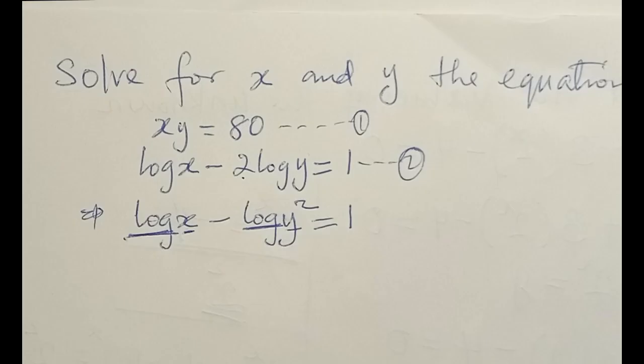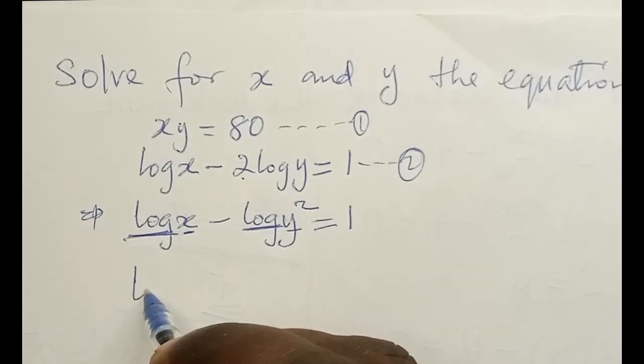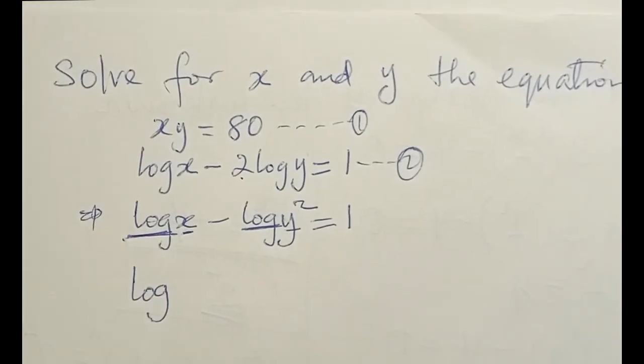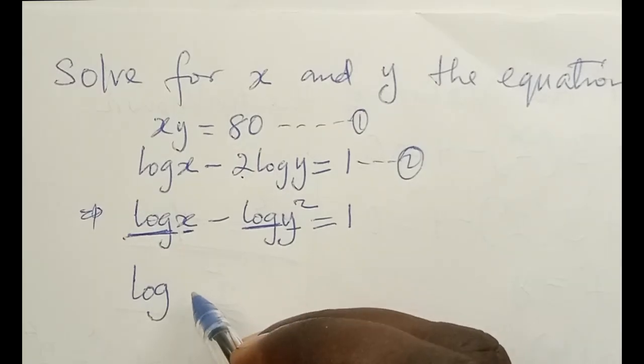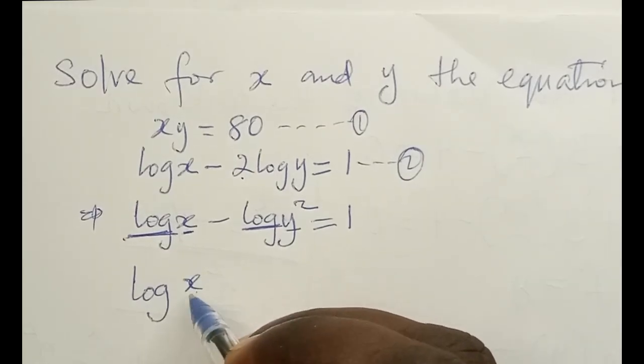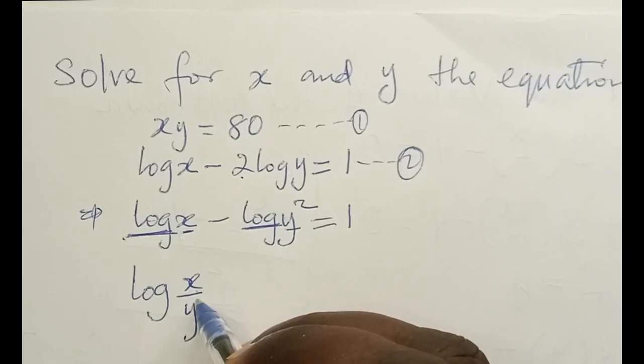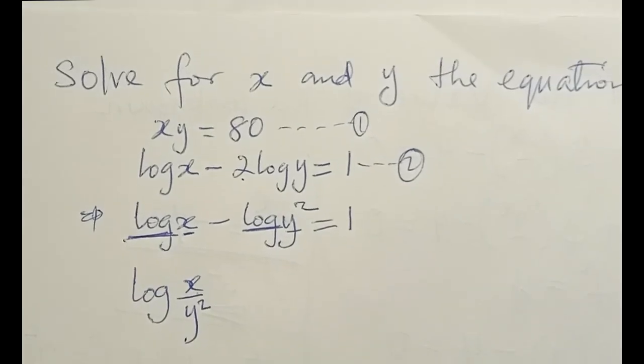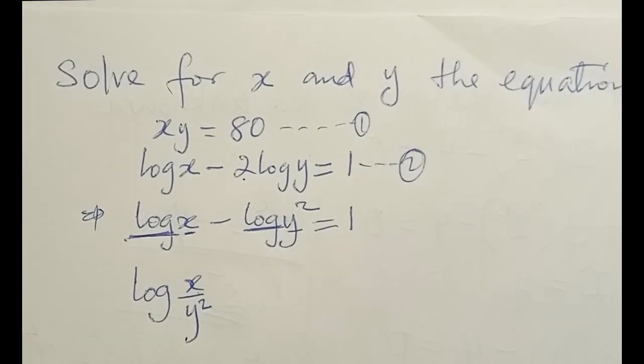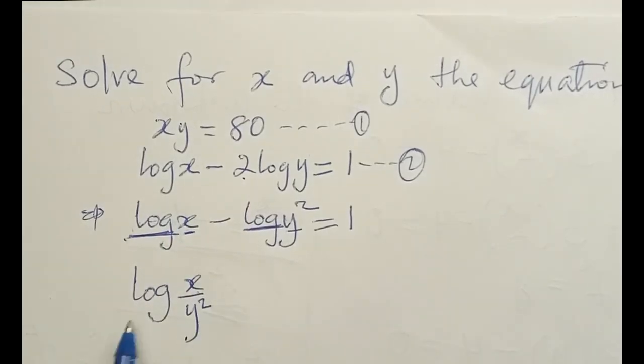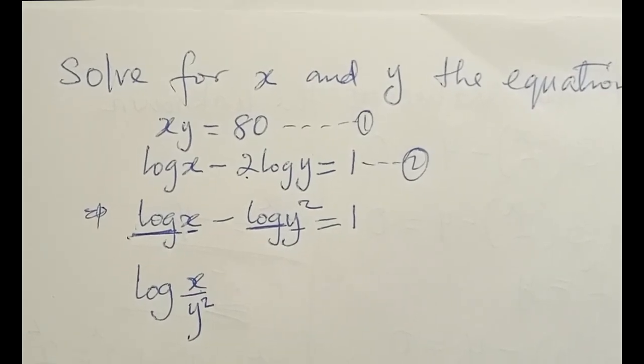By that law, I will join it as 1 log: log of x divided by y square, because when it is minus, it means we should divide. Since both sides are log of the same base, log of x divided by y square is equal to 1.